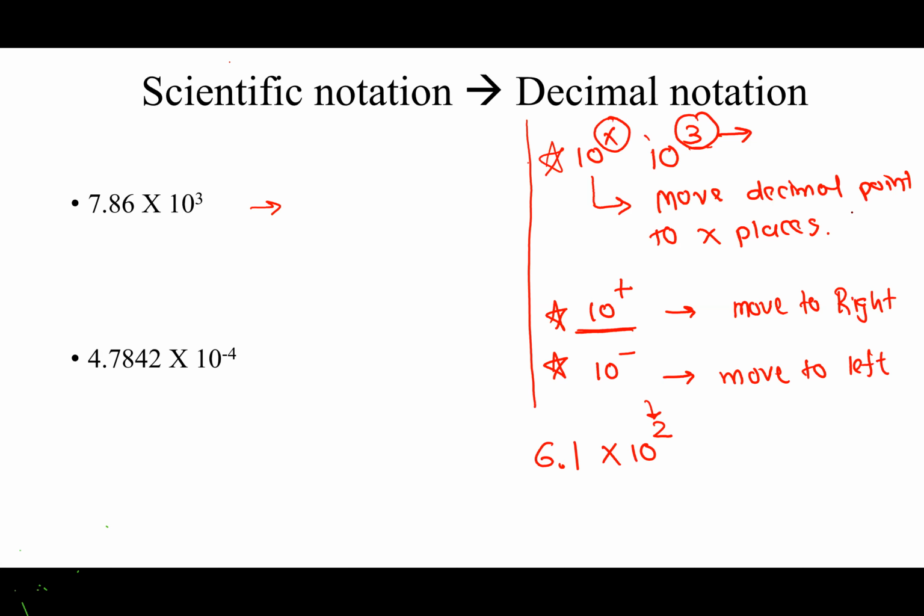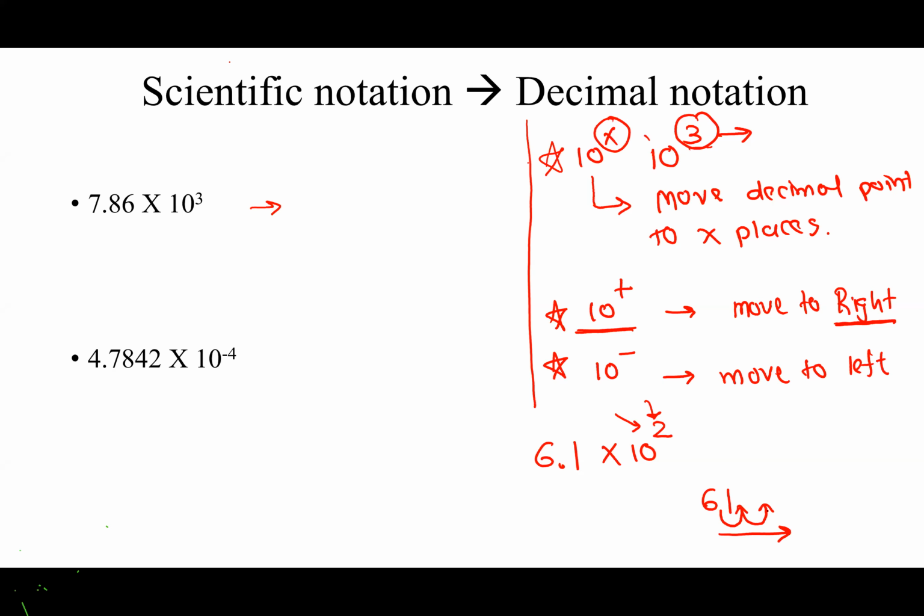But before we do that, we need to pay attention to the sign. There is no sign, which means it's positive. If it's positive, we have to move it to the right. How many places? 2 places.